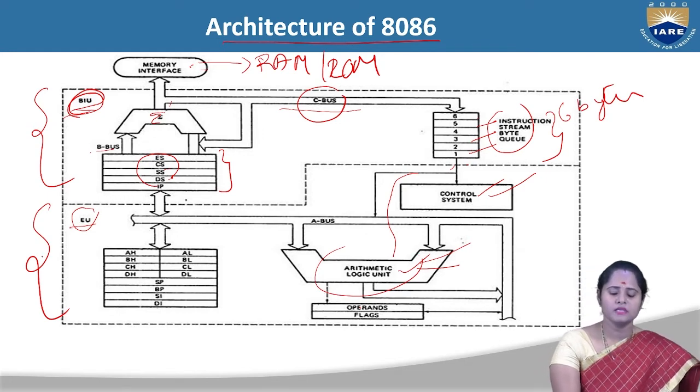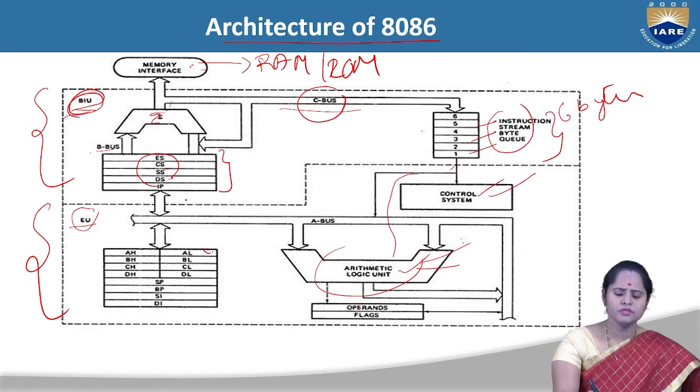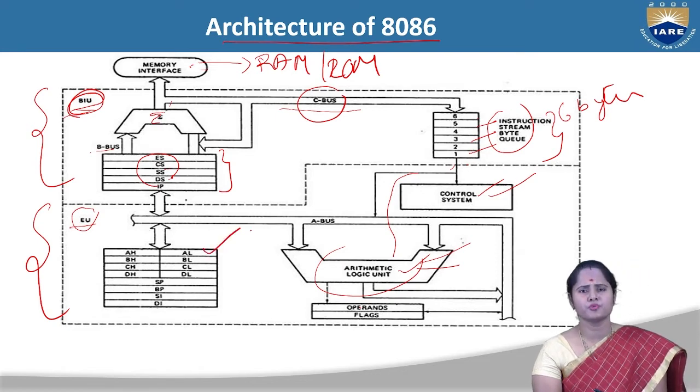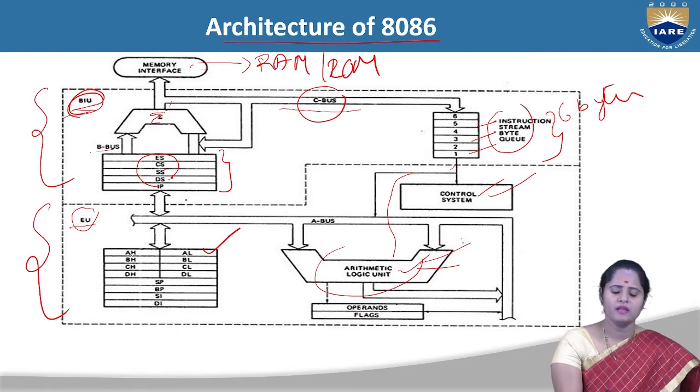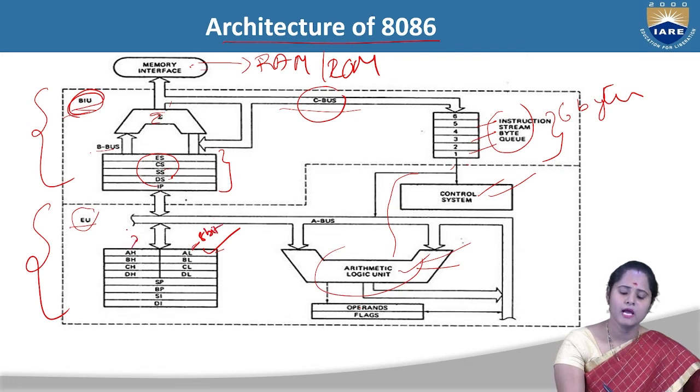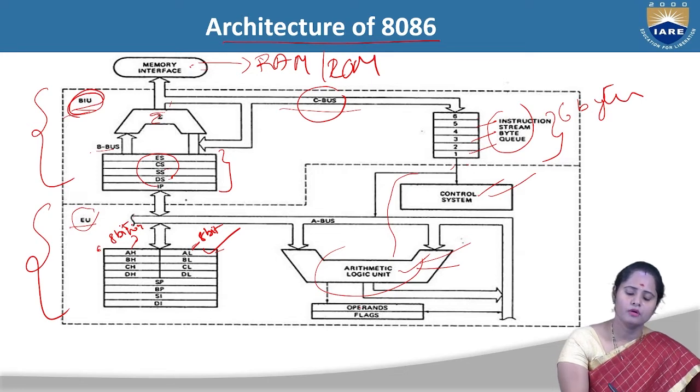You can see in the execution unit we have registers. As we know, a register is a temporary storage. We have AL, AH, and BH, BL. L indicates the lower 8 bits and H indicates the higher 8 bits. Overall each register is a 16-bit register, which you can use as a lower 8-bit and a higher 8-bit part.